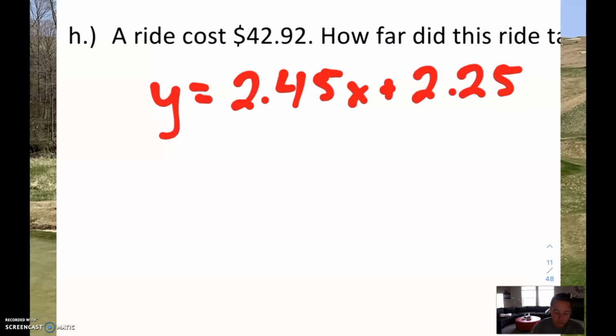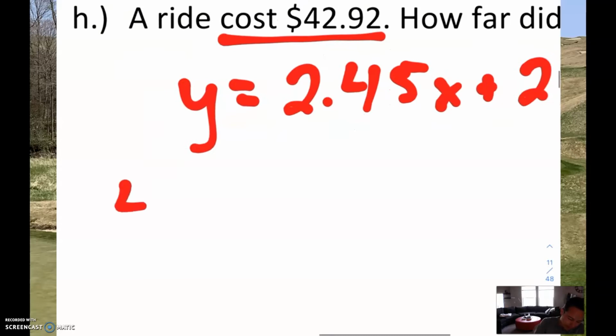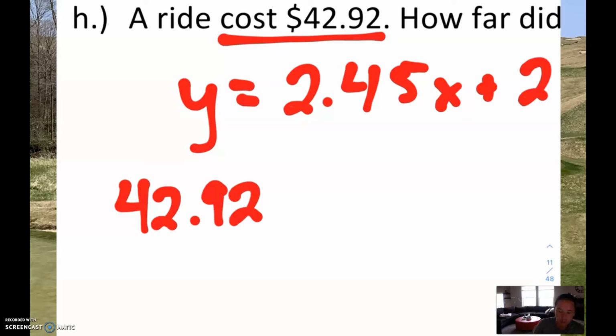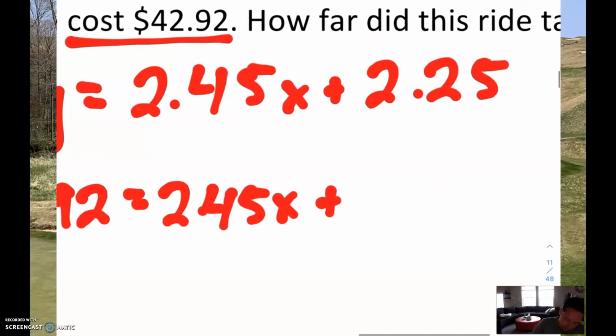What we do know in this problem is that the cost was $42.92. Is that the x or the y? Well, the other one we did was x, so this is probably y. So the y, which is represented by the cost, is $42.92. We can replace y with the cost, and then we get 42.92 equals 2.45x plus 2.25.